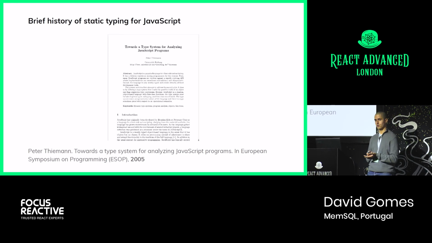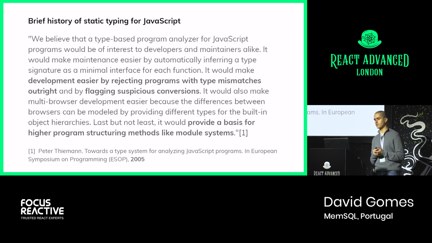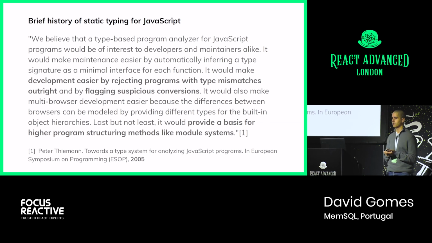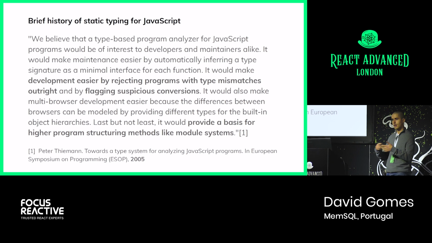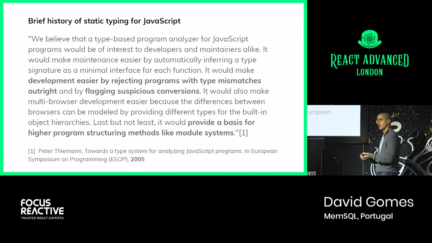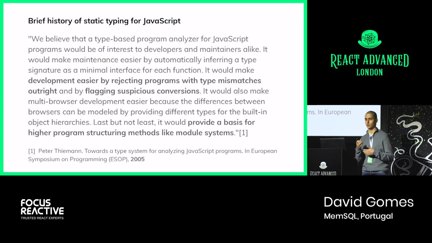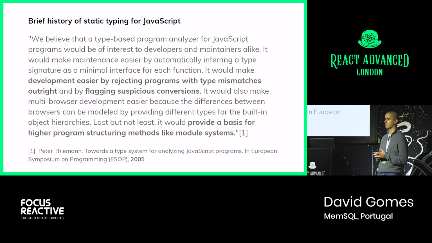And he basically concludes that it is possible to find type errors. That's pretty obvious. But one of the interesting things that he also says in this paper is that this type of thing, catching type errors in JavaScript, would help JavaScript engineers a lot. So in 2005, Peter Thiemann was sort of predicting the future of what was going to happen here.